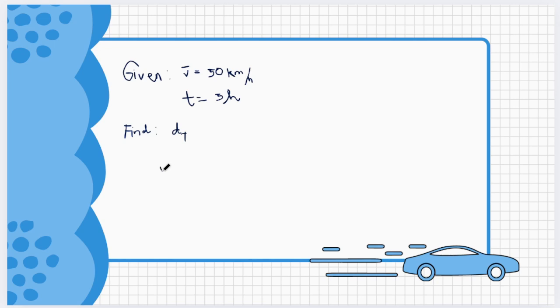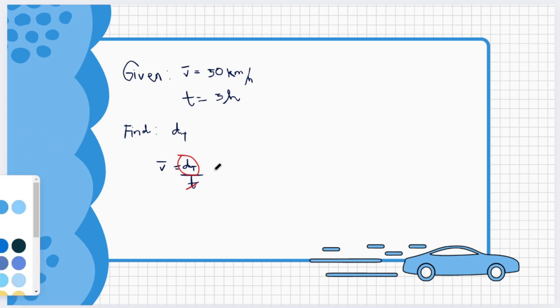So remember that the average speed is equal to distance traveled over time. So if we want distance traveled, then we can multiply both sides by the time para makancel po to. So, ang gagawin natin ay times tayo ng time both sides.